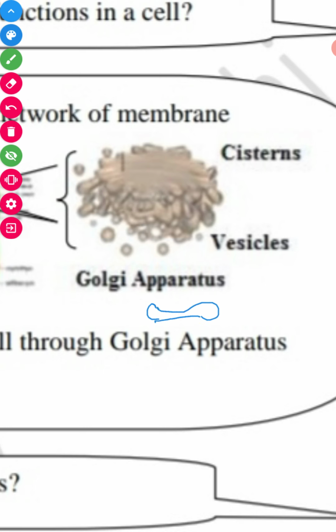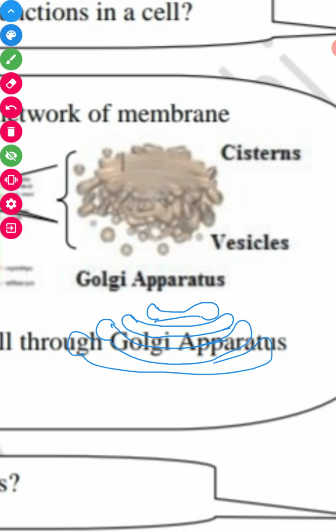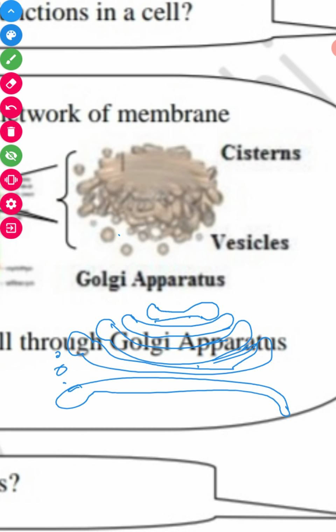See, they all are parallel. Okay, and see this, and these are the vesicles scattered here and there. So this is the way you can draw it, and this arrangement is known as cisternae.